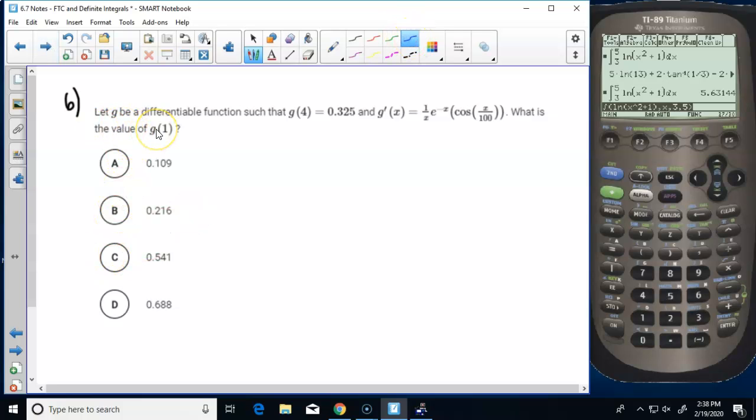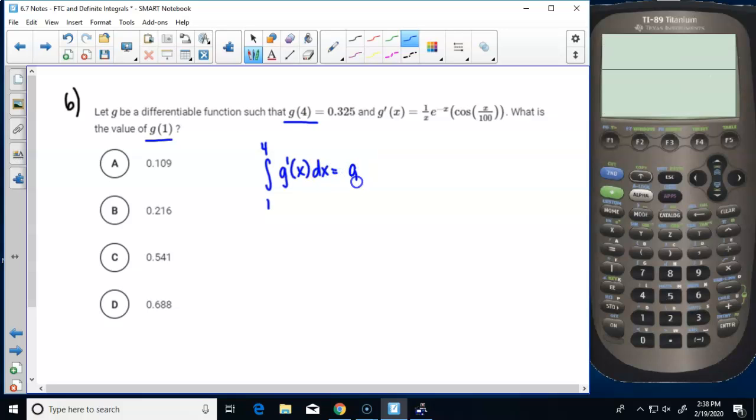So, for 6, let g be a differentiable function such that g of 4 equals 0.325 and g prime of x equals this big equation here. What is the value of g of 1? So, I want to find g of 1, I know g of 4. So that tells me I probably want to integrate from 1 to 4 g prime of x dx. And when I do, I will get g of 4 minus g of 1.